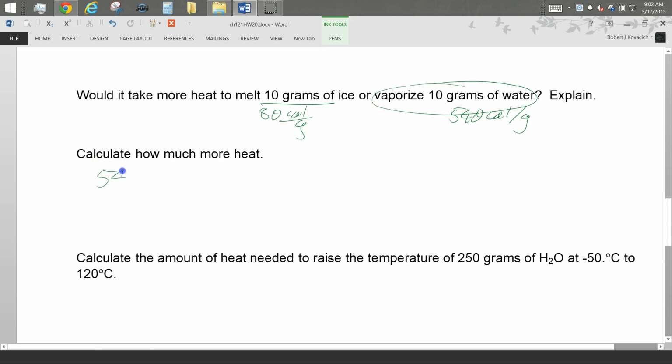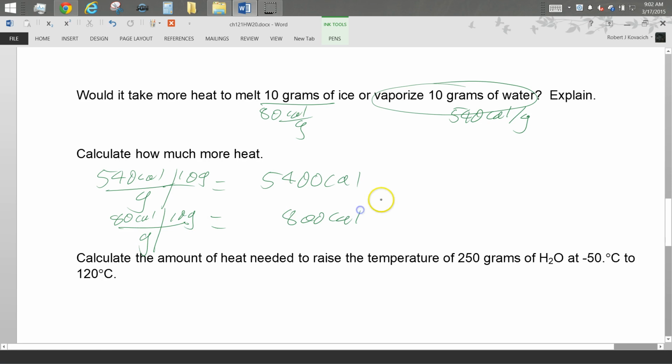Well, it's 540 calories per gram, and I've got 10 grams, so it's 5,400 calories to vaporize, and I've got 80 calories per gram and 10 grams, so that's 800 calories. So I do a little bit of subtraction, and I get 4,600. It takes 4,600 more calories to vaporize the water than to melt the ice.